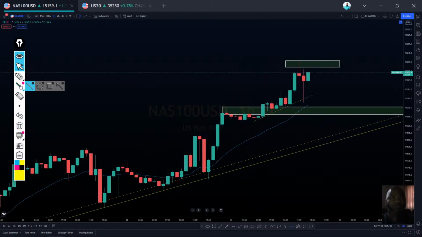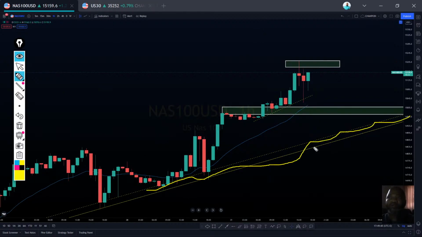As you can see, we have our overall support zone that I already created there, and now the price is giving us this small support zone. You can see it's very bullish now.